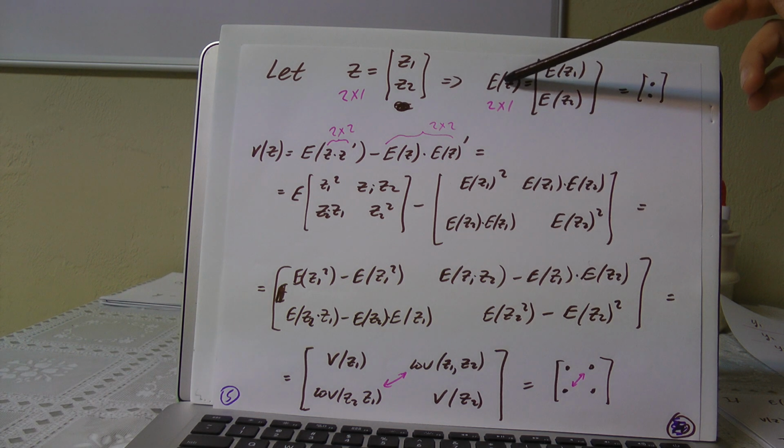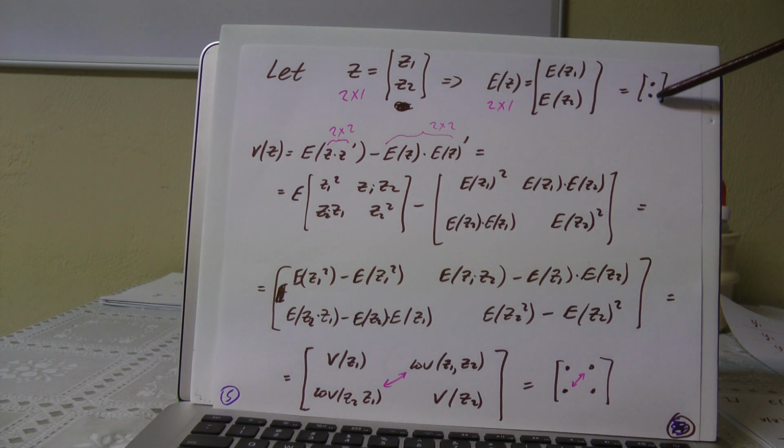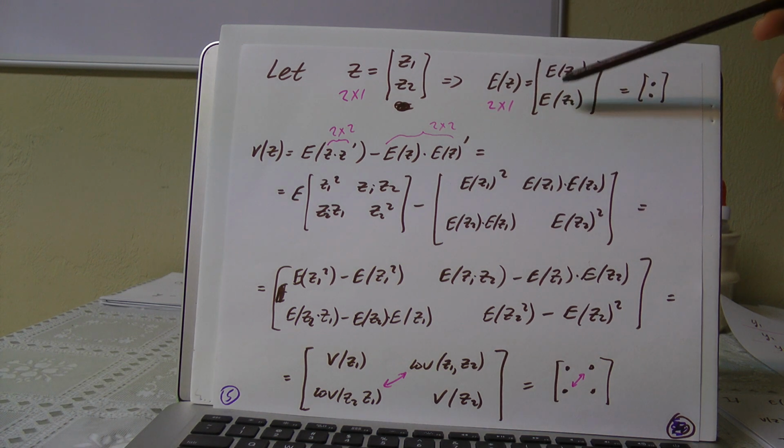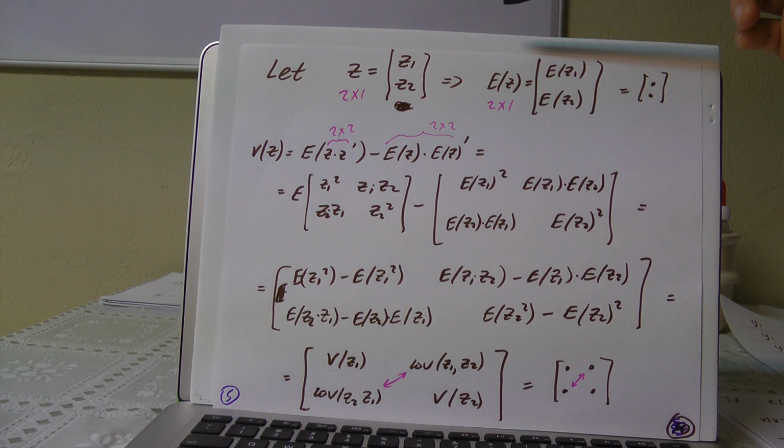So expectation of a vector gives you a vector, where each element is the expectation of the corresponding element in your vector. You can do expectation of a vector, you can do expectation of a matrix. There, expectation would go sit next to each one of the elements of the matrix. So expectation works with a vector or with a matrix.